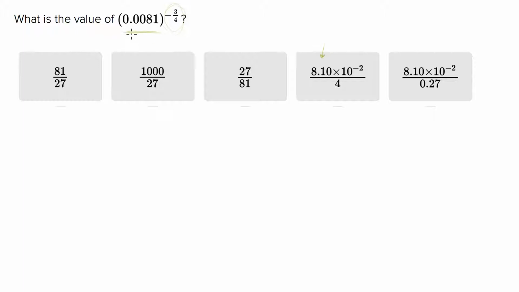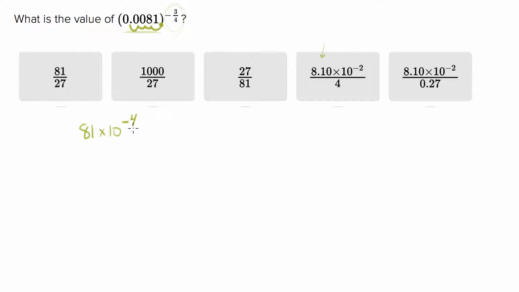So the first thing I'm going to do is get rid of that weird decimal. And let's do scientific notation for this. So I'm going to move the decimal 1, 2, 3, 4 spots to the right. And anytime you do that, you need to compensate by multiplying by a power of 10 with that same number of hops. So I went 4 hops to the right, so I need to compensate with a -4 exponent.